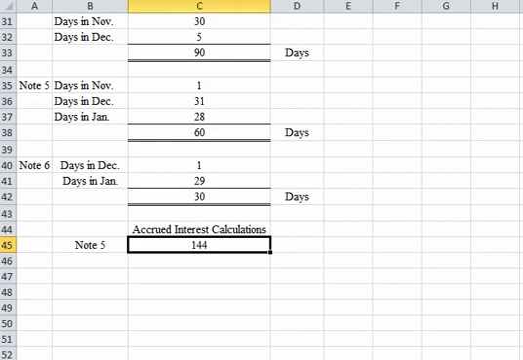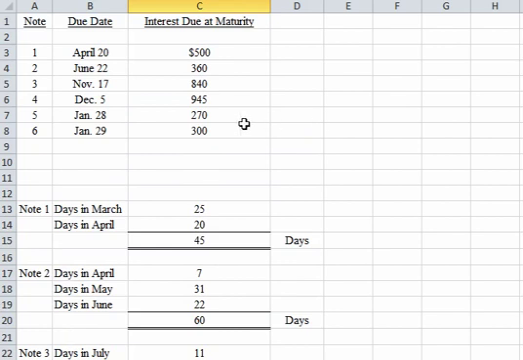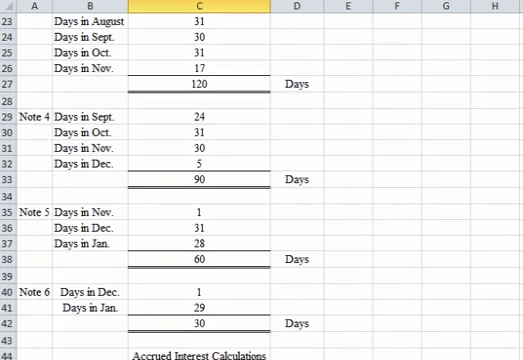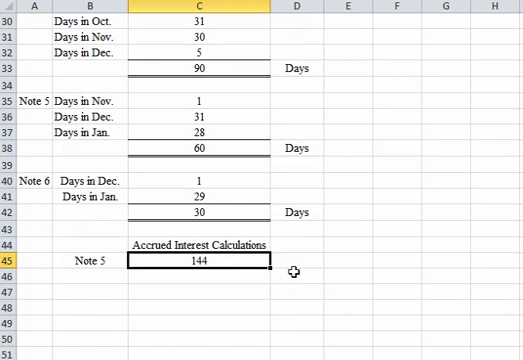Now let's look back up. Total interest on note 5 was $270. Interest earned in year 1 was $144. So interest earned in year 2 would be $270 minus the $144, which comes to $126, right? But this is the only number we need for now.